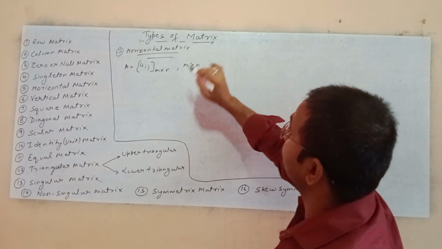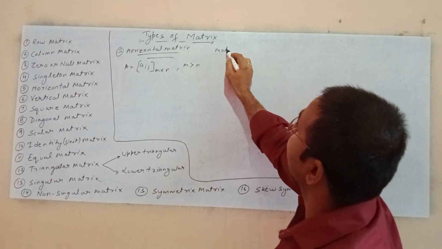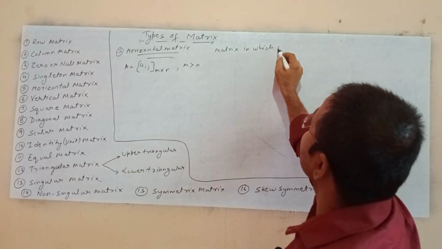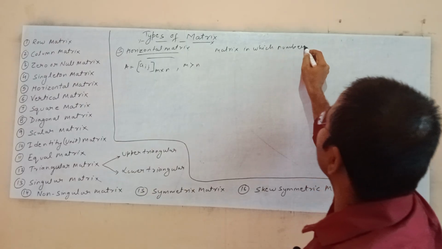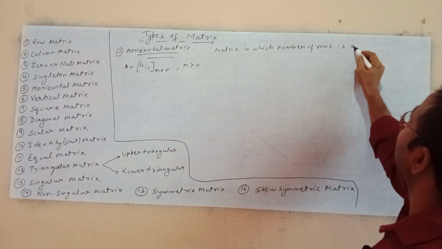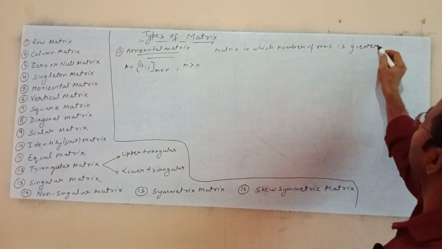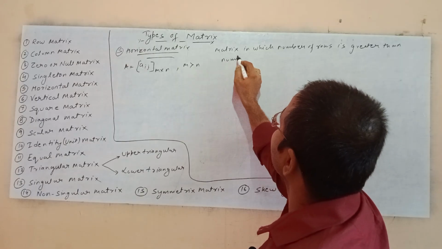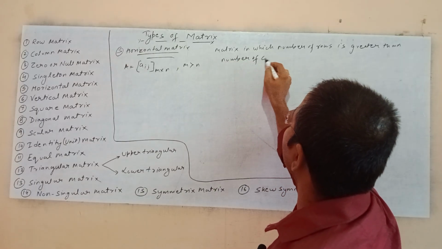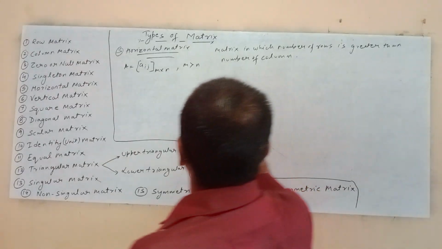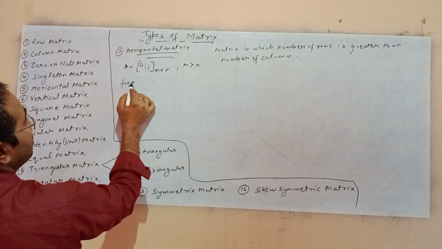Suppose you write a matrix in which the number of rows is greater than the number of columns. For example, how will you write it?